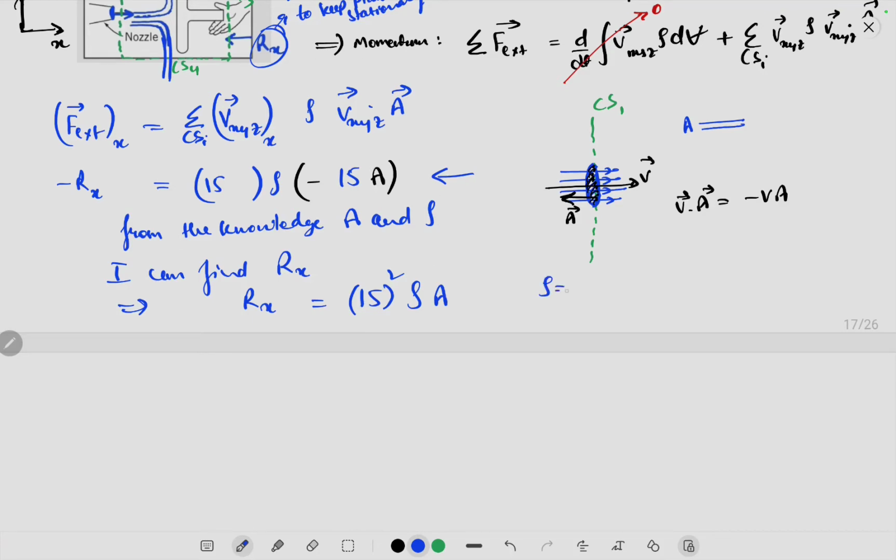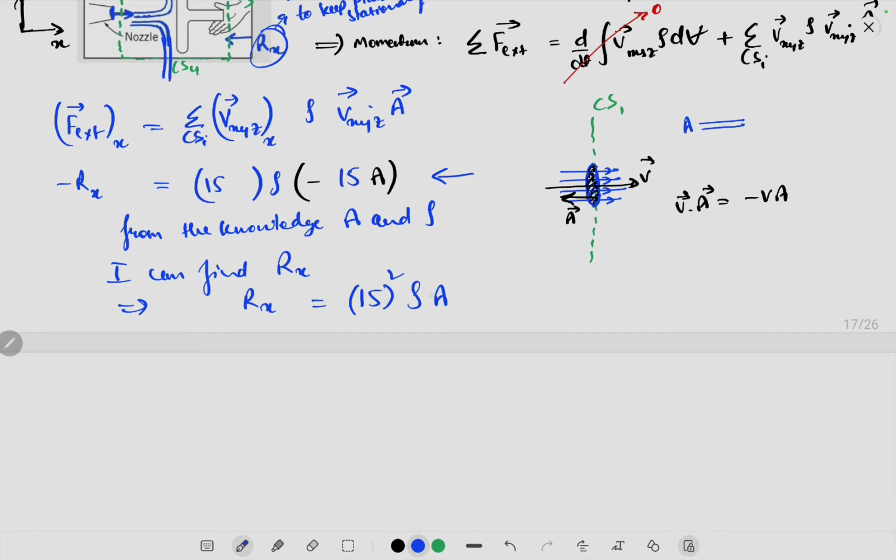I can put rho equal to the density value of water and A equal to the given cross-sectional area, but that is just math. You have to understand the concept, and that's why I'm not further solving this equation. If you want, you can do it.